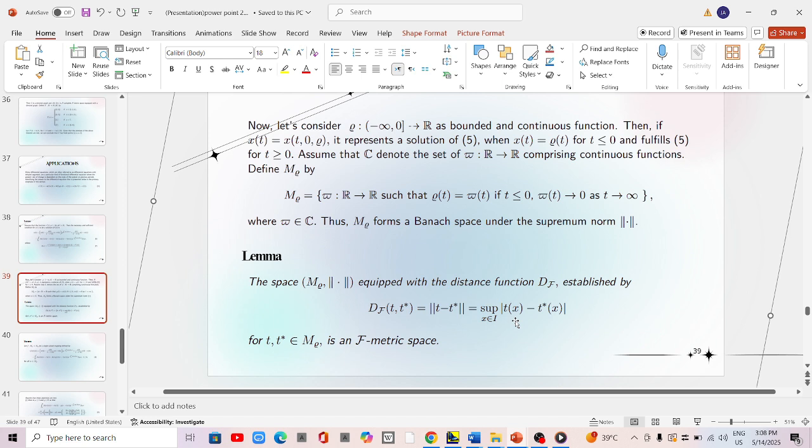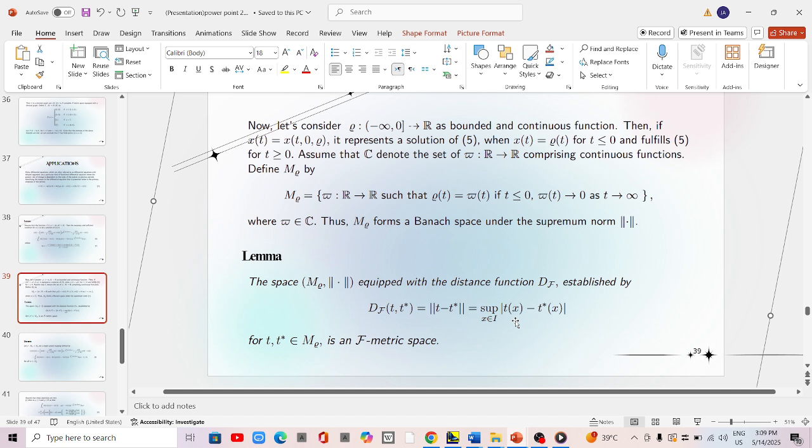If we have T as one function, T dash as another function, then what is this? It means T of x minus T star of x. We will take their values and we will take the absolute of this. What is the maximum value? So this is basically the metric. We see that this is the same as the supremum norm.